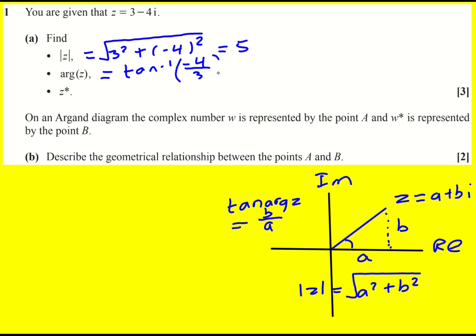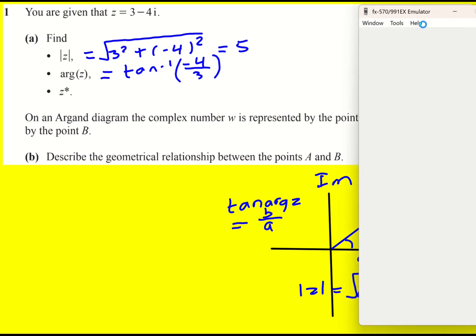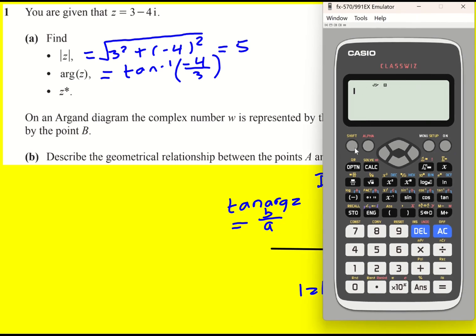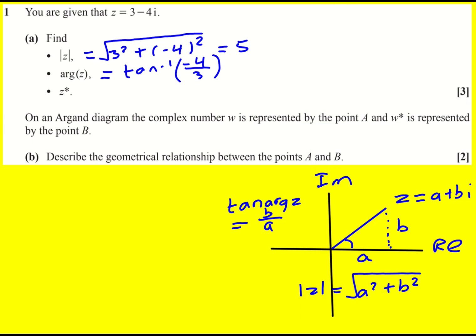You can use our calculator for that. We'll always work in radians. It gives minus 0.9272, or to three significant figures, minus 0.927.